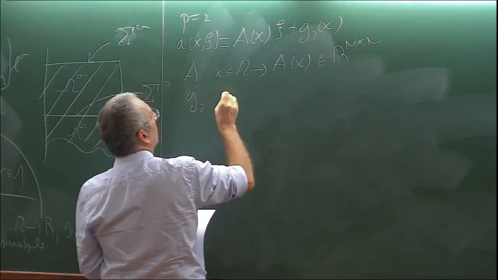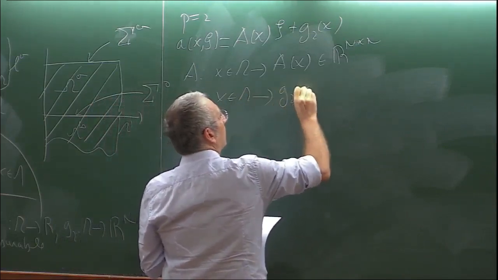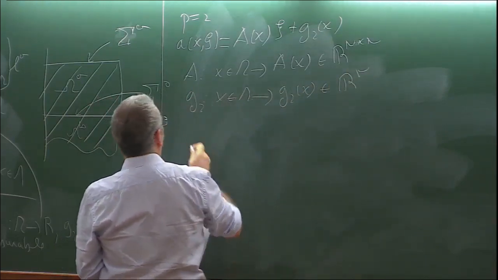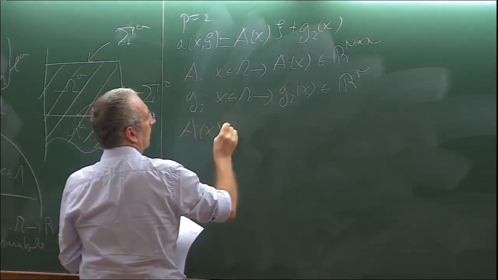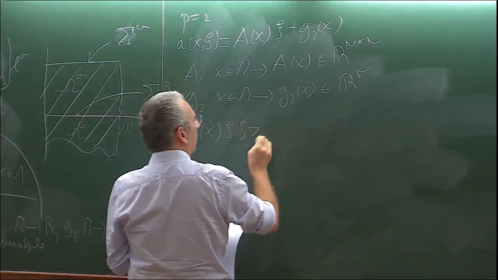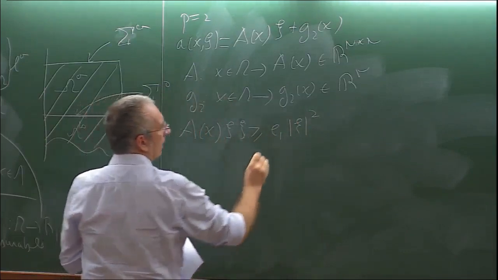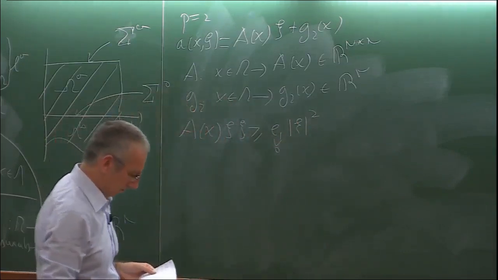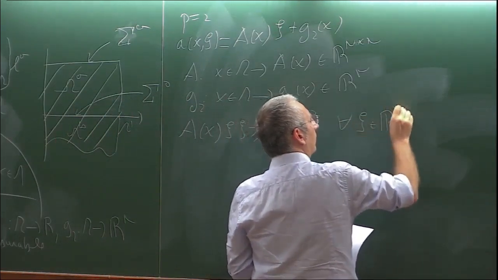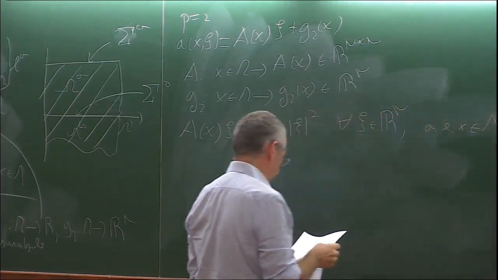G2 is a function, x belonging to omega, G2 of x in R^n. A of x, c inner product c is greater than c1 modulus of c to power 2, where c1 is a positive constant for every c in R^n, and almost everywhere x belonging to omega.